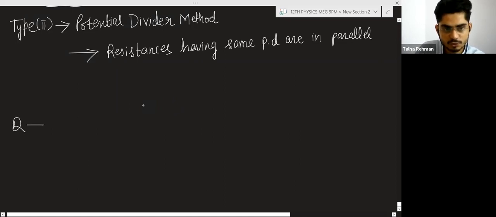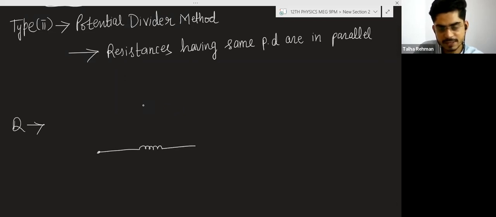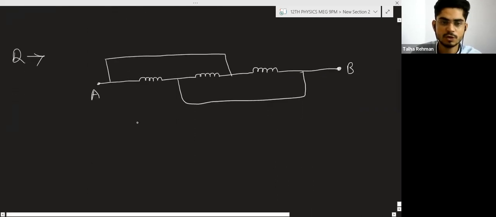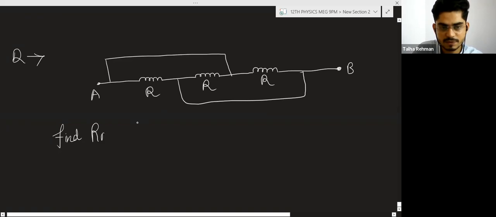So if I give you a question where one resistance is connected like this, one resistance like this, one resistance like this, and a wire is connecting with this, and a wire is connecting with this, and you have to find the resistance between point A and B. This resistance is given as R, this is R, and this is R. We have to find the resistance between point A and B.